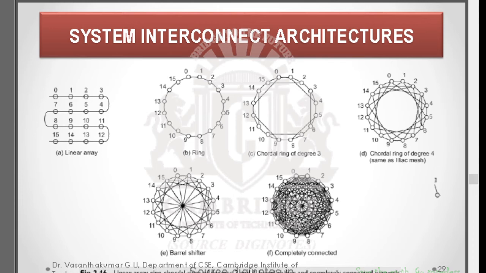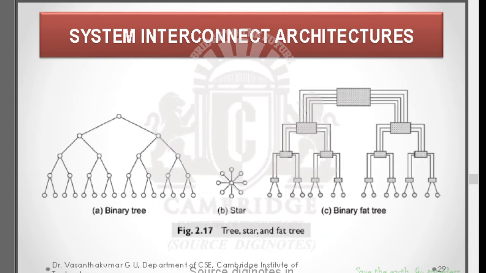So this shows the different networks. This is ring network and these are all the different types of networks that are available. Then we have binary tree. As you all know how binary tree is present. So this shows the binary tree network.